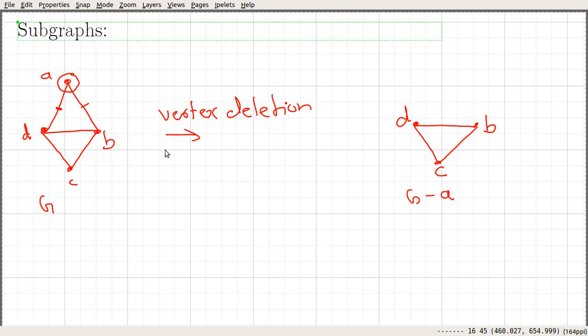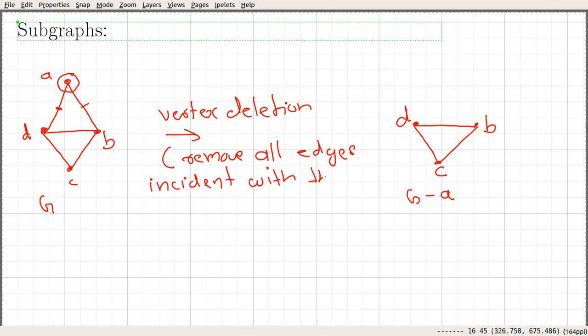We denote this graph by G minus A, where A is the vertex that we deleted. So in vertex deletion, we delete the vertex and remove all edges incident with that vertex as well.